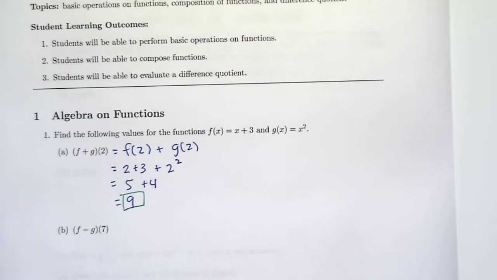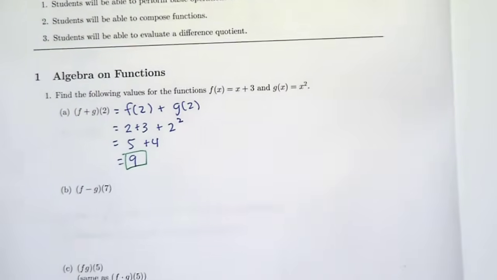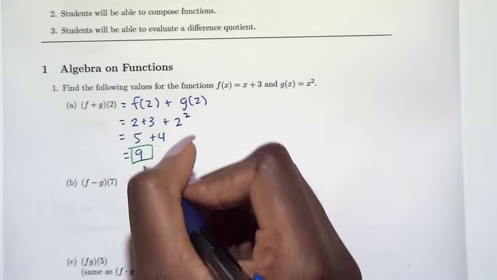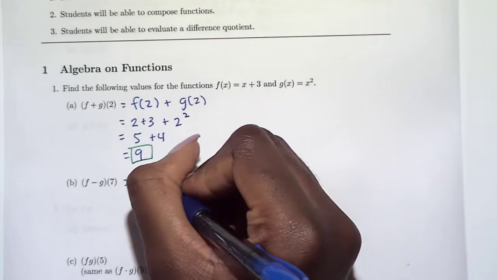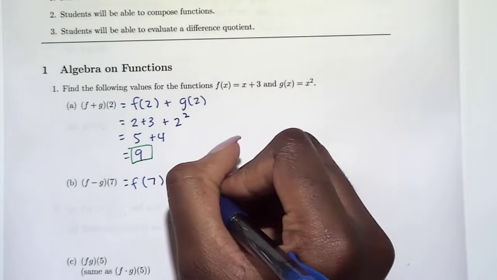Okay, and so for all of these algebra operations, they work the same, so you can break this apart and then just do the pieces separately. All right, so f minus g of 7 is f of 7 minus g of 7.